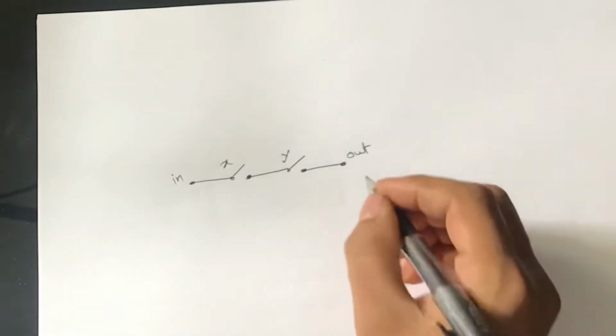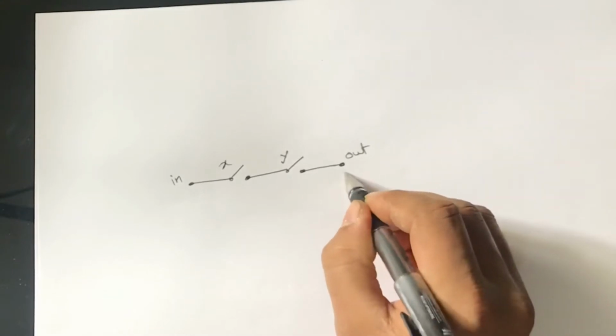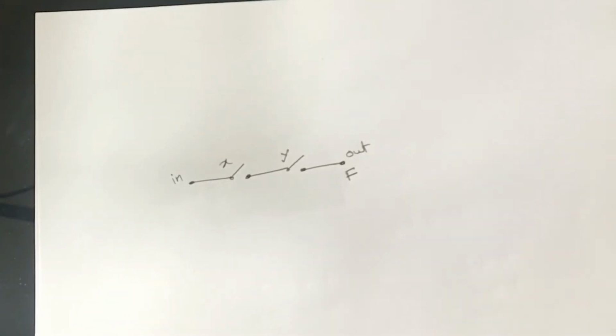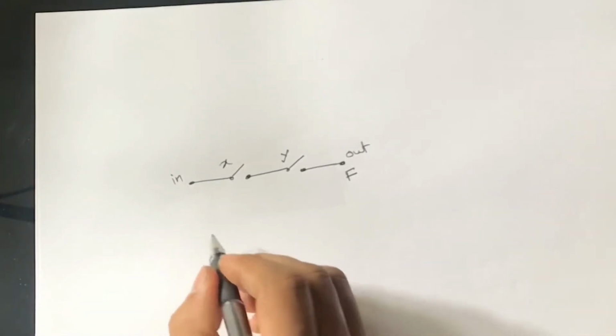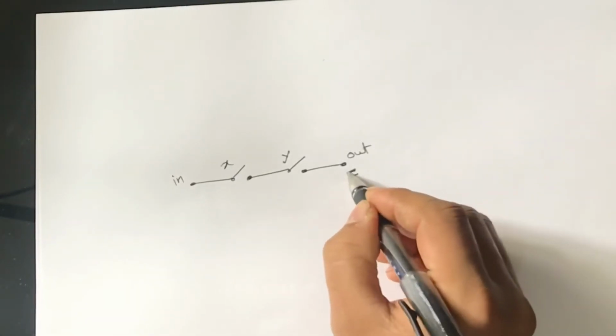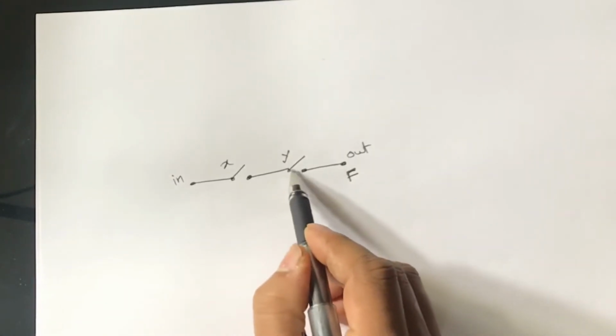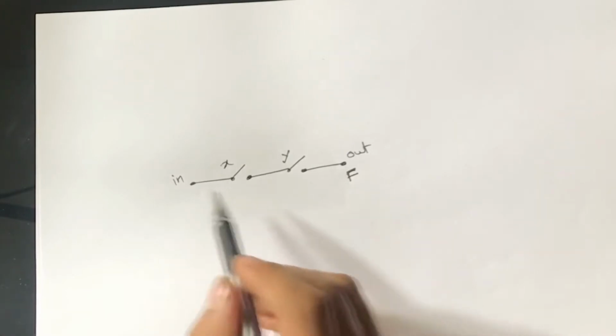We just denote the output of these switches as F. So in that case, you can get the output only when the two switches are connected at the same time.